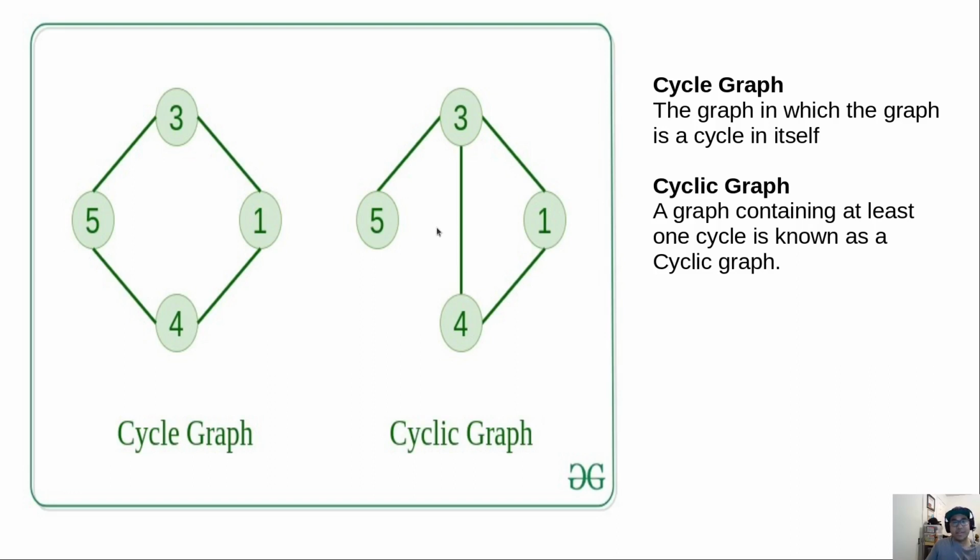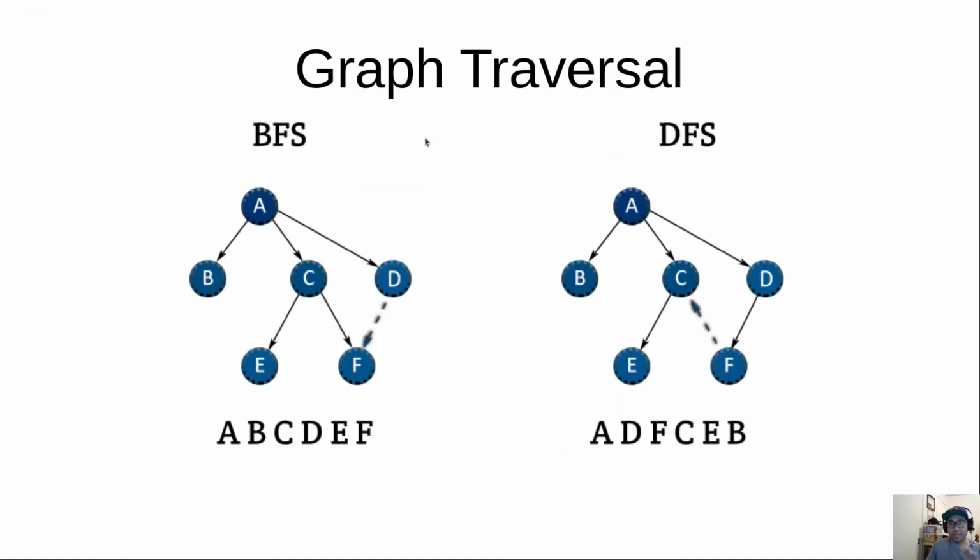The graph is not a cycle itself. The whole entire graph is not a cycle itself in the cyclic graph. All right, so just remember that in a cycle graph, the graph is a cycle itself. In a cyclic graph, it has at least one cycle in it. But the graph is not a cycle itself in a cyclic graph.